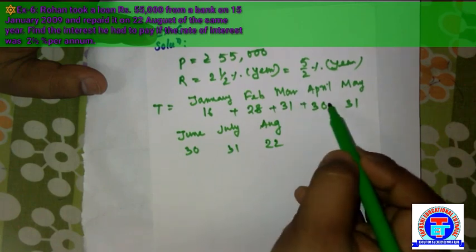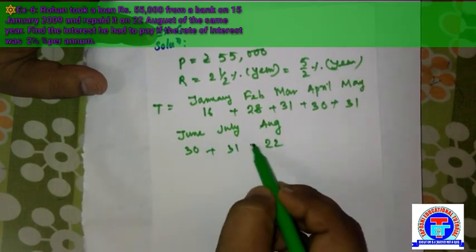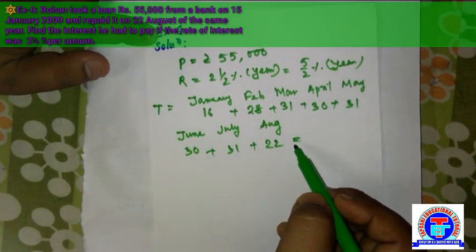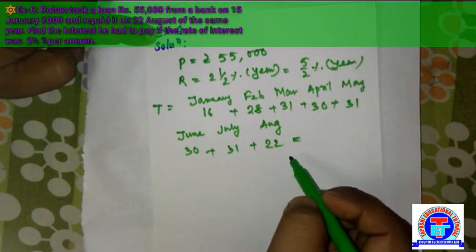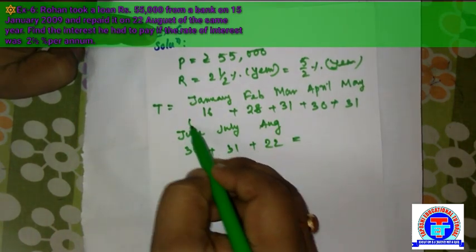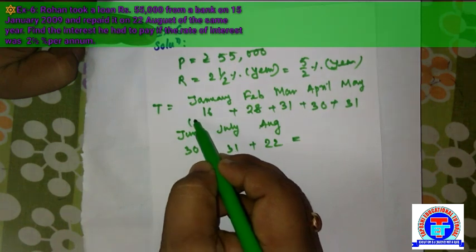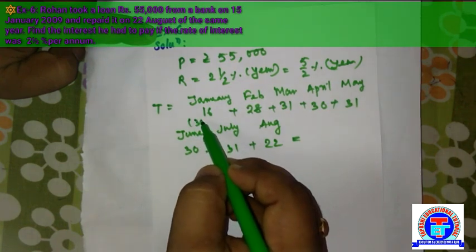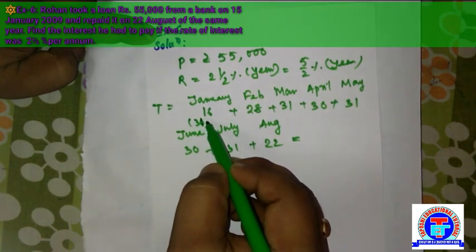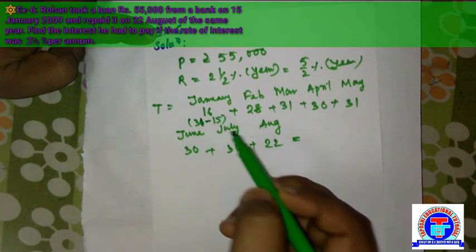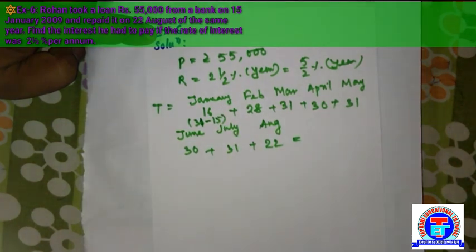Now add them. As you know, January is 31 days.